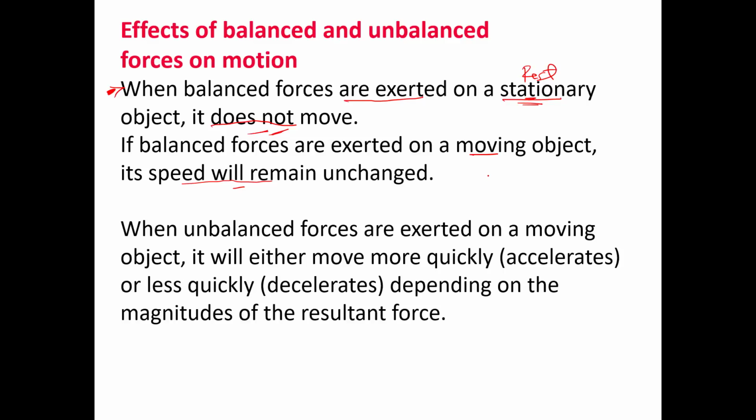So, in other words, two things we need to observe here are these: if the body is at rest, then the body remains at rest. If the body was moving, then it will be moving with the same speed. It will neither accelerate nor decelerate. That is, it will neither speed up nor slow down. So those are the effects of balanced forces on bodies, one stationary, one moving.